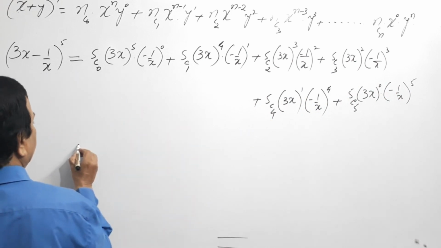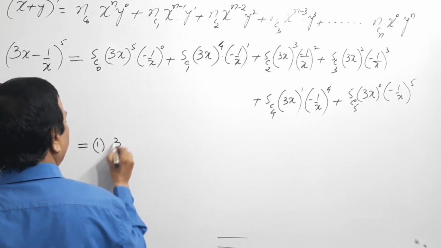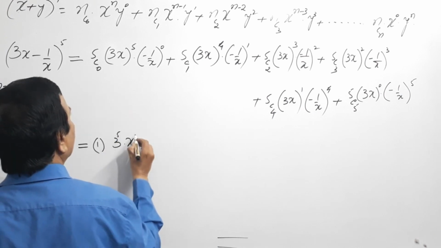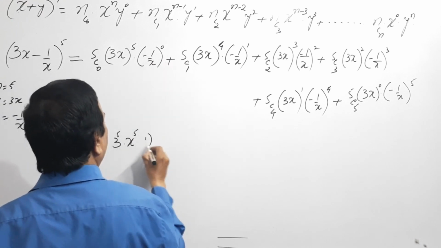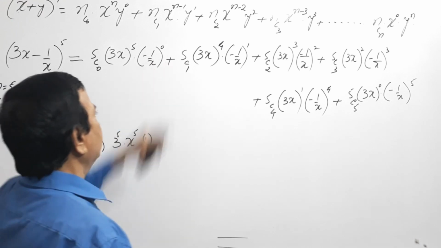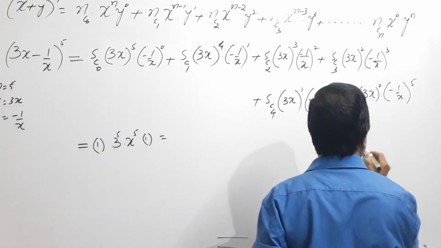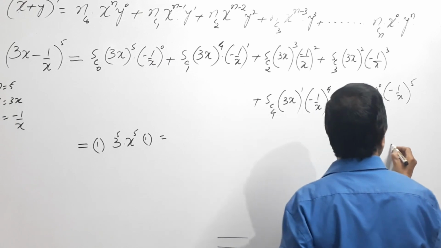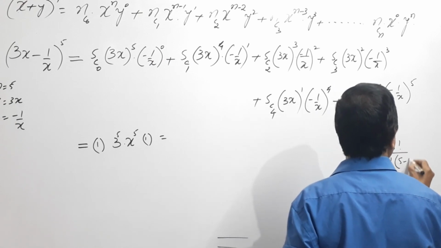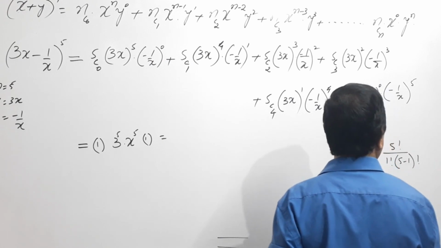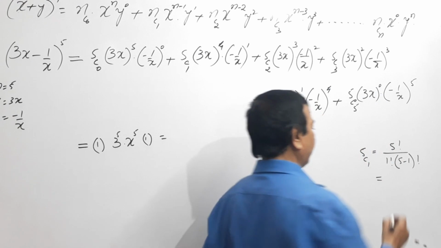As I said, 5c0 is nothing but 1. This is 3 to the power of 5, x to the power of 5, and this is 1. Anything to the power of 0 is 1. This is 5c1. Let us find the value of 5c1. 5c1 equals 5 factorial by 1 factorial, 5 minus 1 factorial. 5 minus 1 is 4 factorial, so I will stop here at 4 factorial.